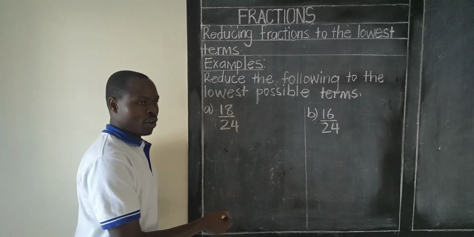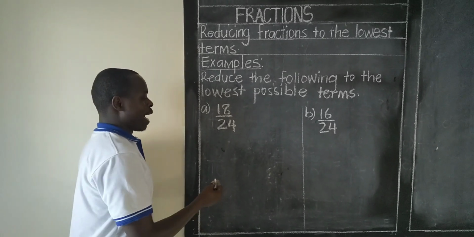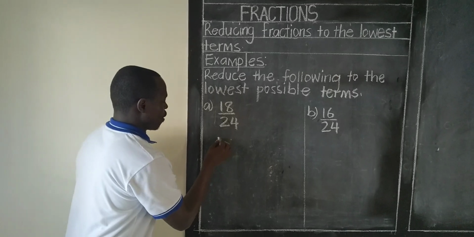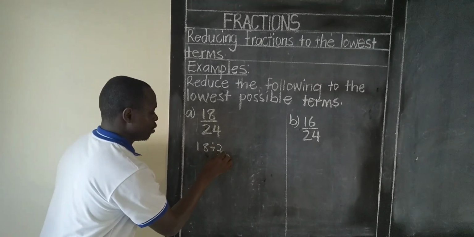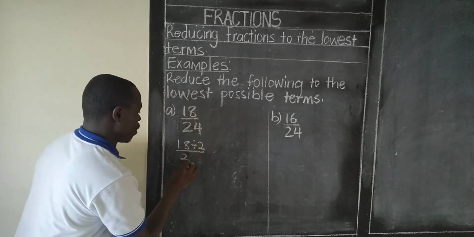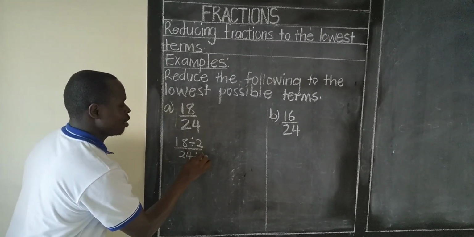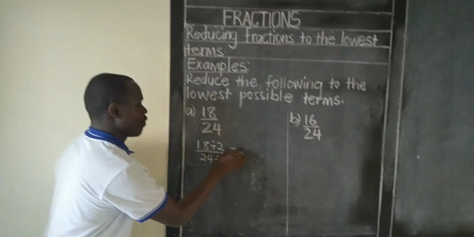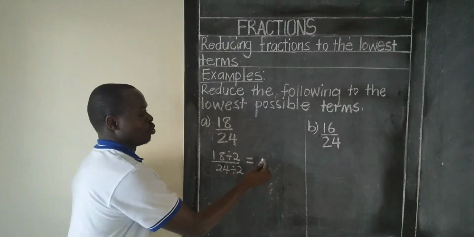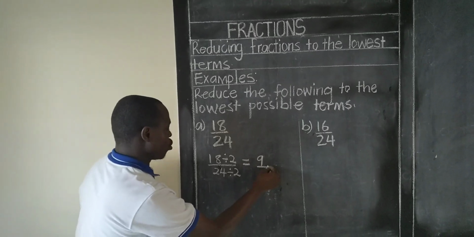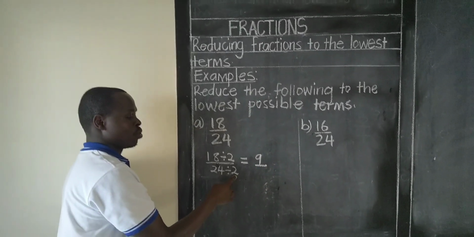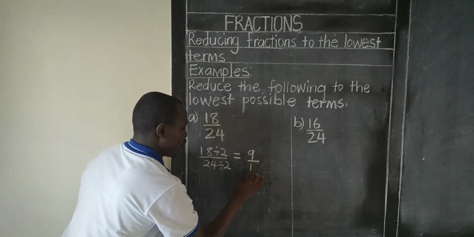That means we are going to divide through by 2 as the lowest factor. Therefore, this will be 18 divided by 2 out of 24 divided by 2. 18 divided by 2 will give us 9, out of 24 divided by 2 will give us 12.